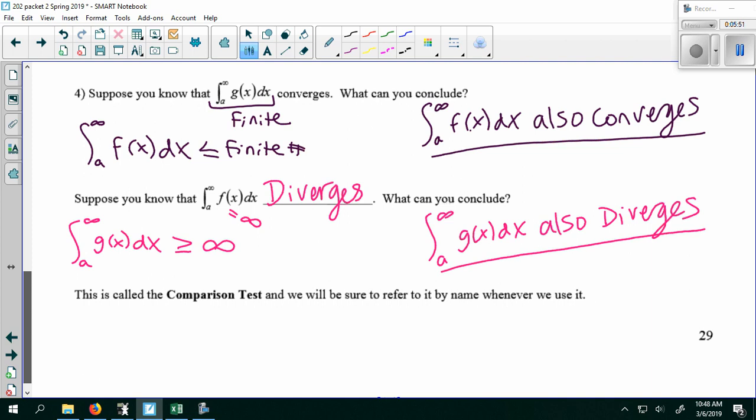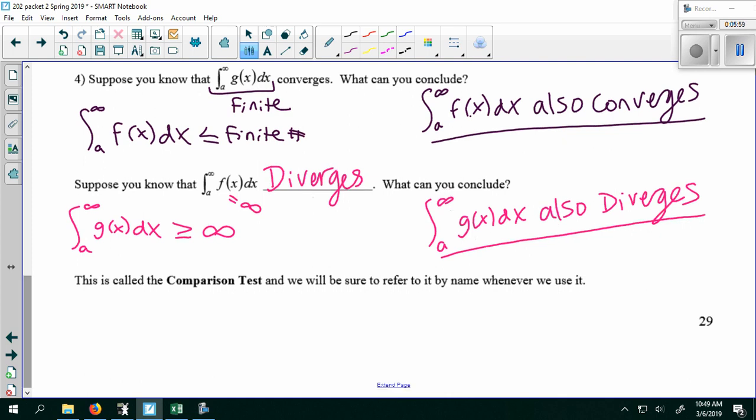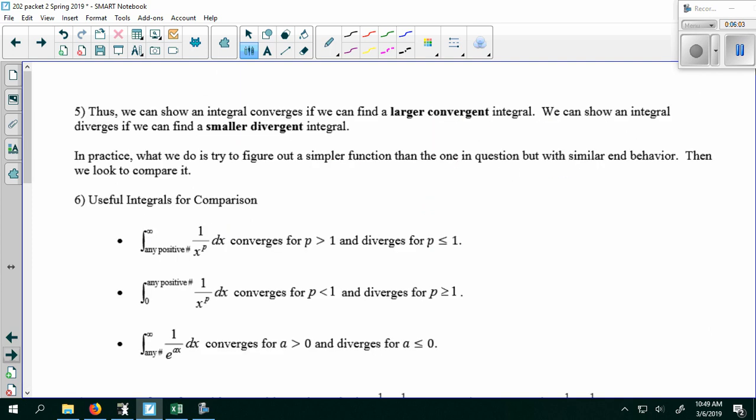This is called the comparison test. We'll be sure to refer to it by name whenever we use it. So you can show that an integral converges if you can find a larger convergent integral. You can show an integral diverges if you can find a smaller divergent integral.